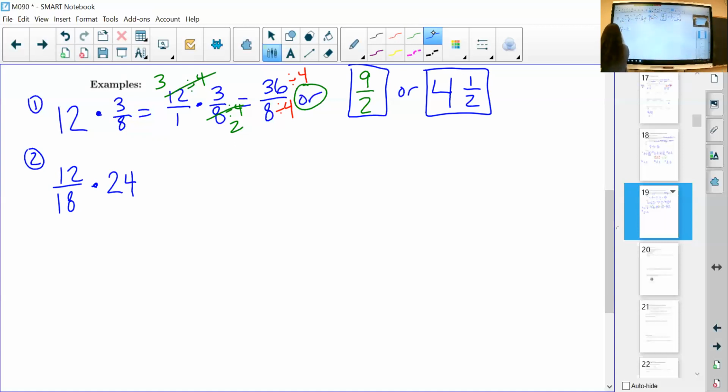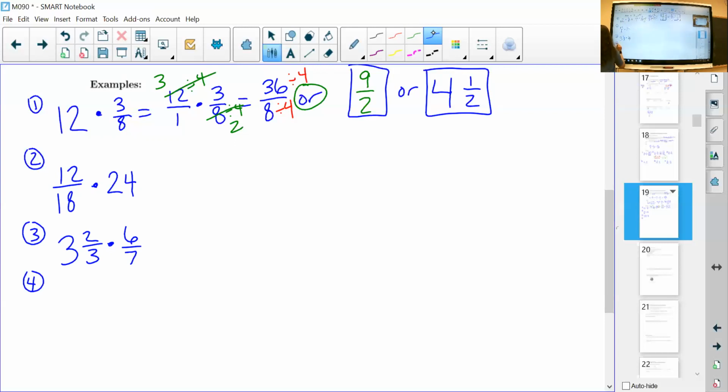Example 3. We have 3 2/3 times 6 sevenths. So you are converting to improper, multiplying straight across. Maybe we can simplify early, maybe we simplify later, maybe we can't simplify at all.